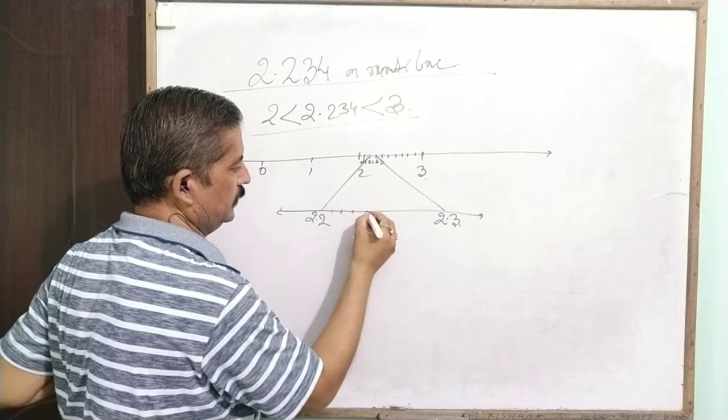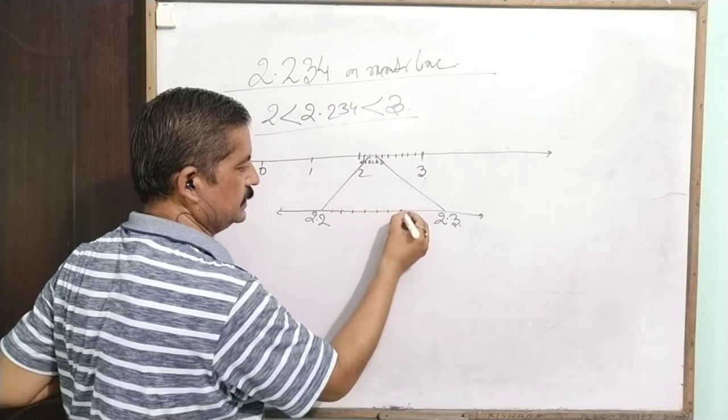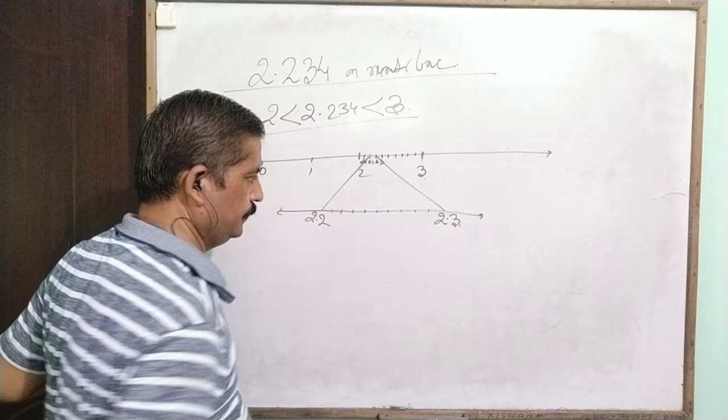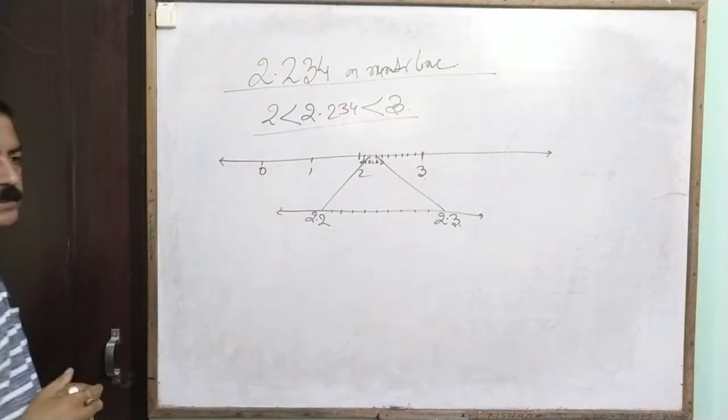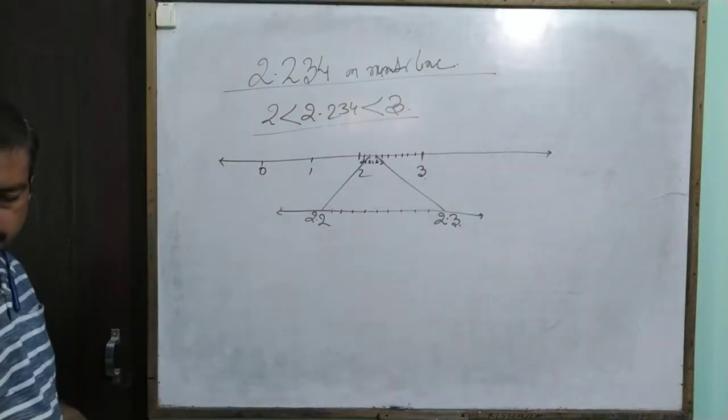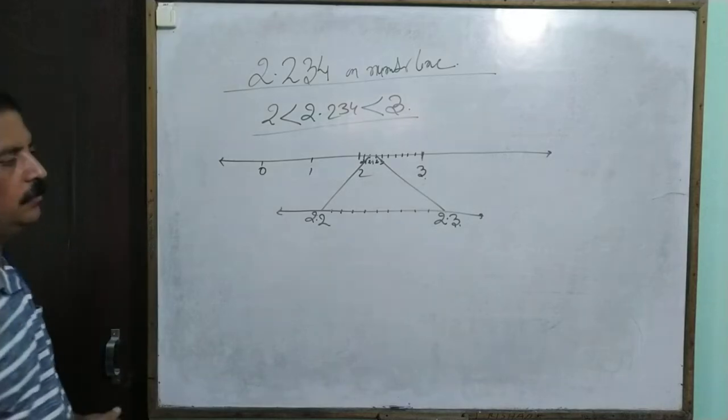2, 3, 4, 5, 6, 7, 8 and 9. If you draw the 9 lines, it equals 10 equal parts.